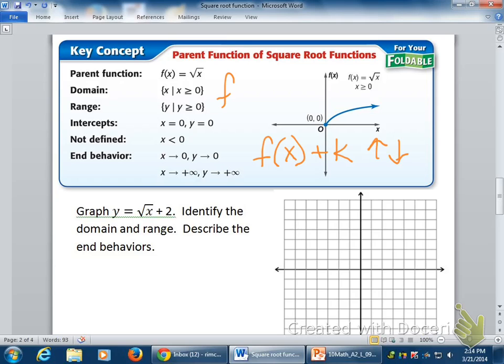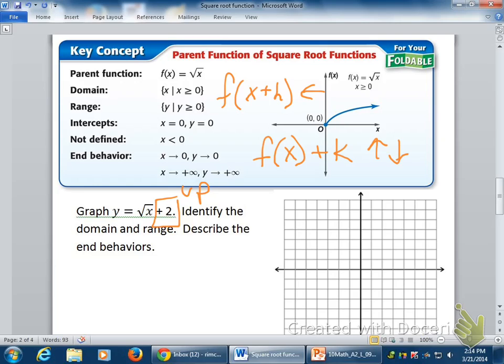It wasn't a divide. It was adding on the inside. On the inside is what moved them left and right. Well, that's how we're going to graph these. Because if you'll notice right here, square root of x is my parent function. So what's happening to this parent function? We're taking this parent function and moving it up 2.